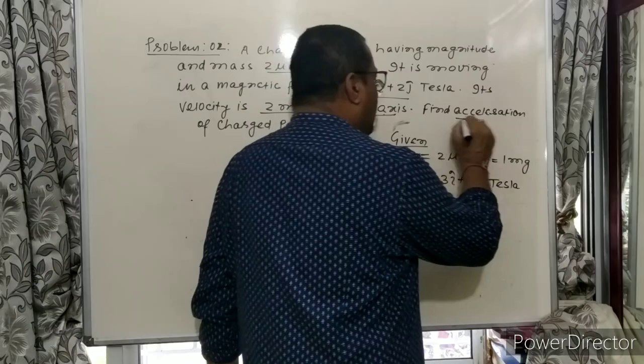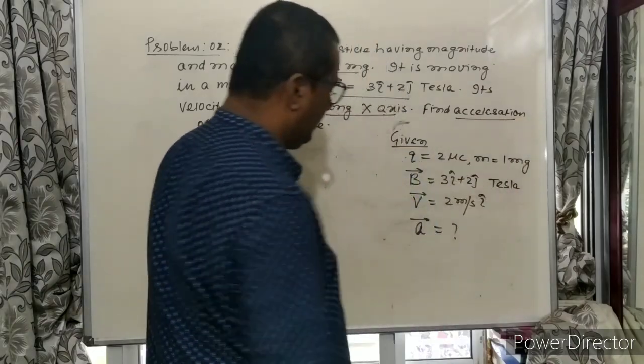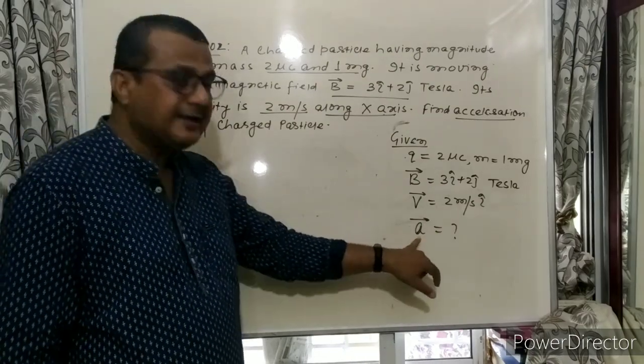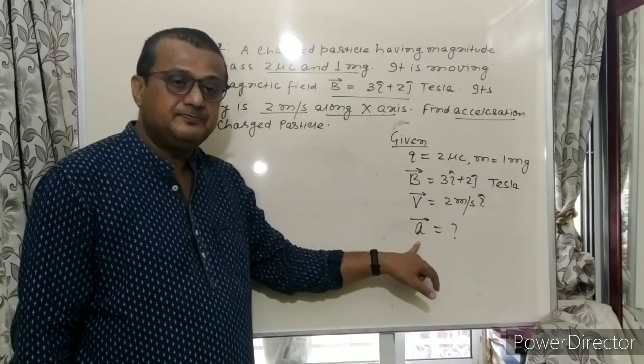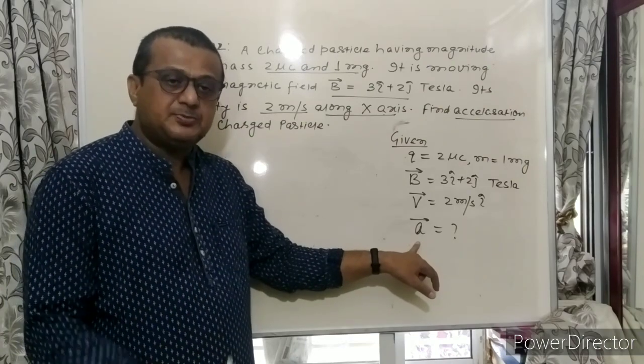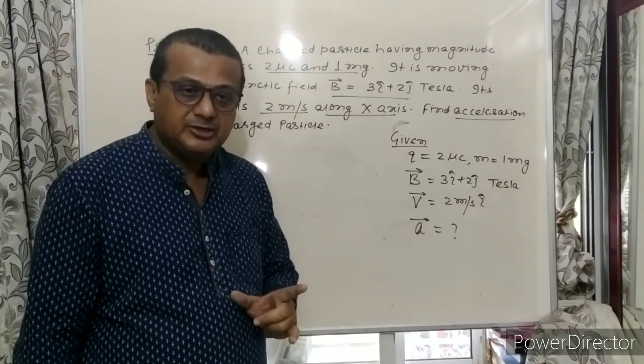We are asked to find acceleration. You know that for getting acceleration, A equal to force by mass. Since the charged particle is moving in a magnetic field, it will experience a magnetic Lorentz force.